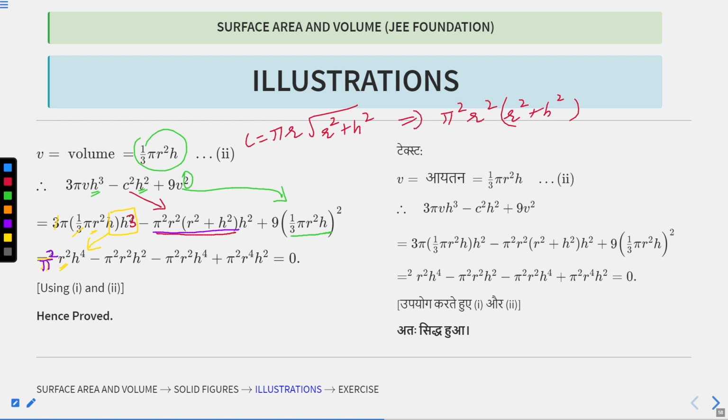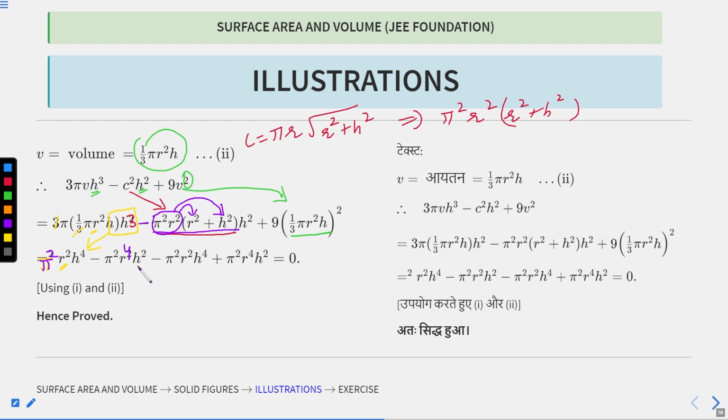Now for this, first we multiply this whole term by the r square, then we multiply this whole term by this. So first, minus of pi square r square times r square will be minus of pi square r power 4 h.